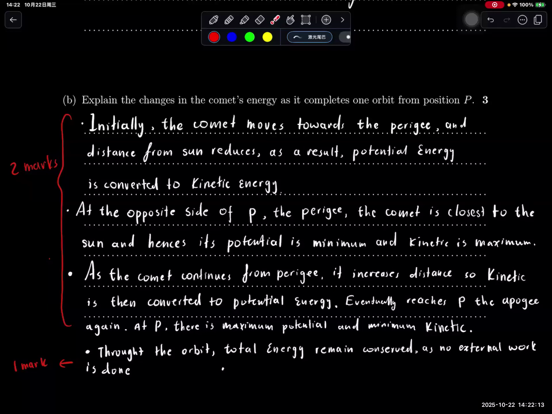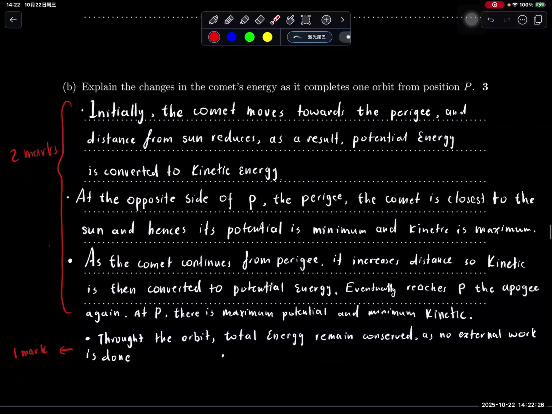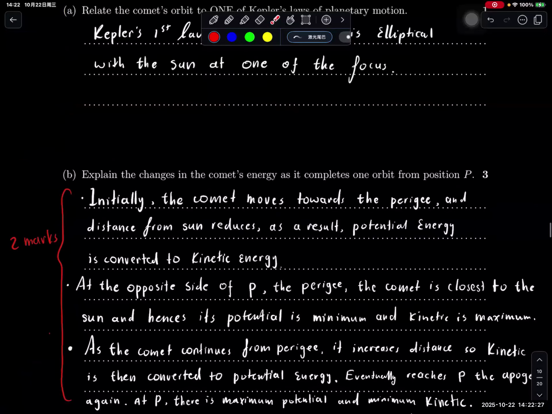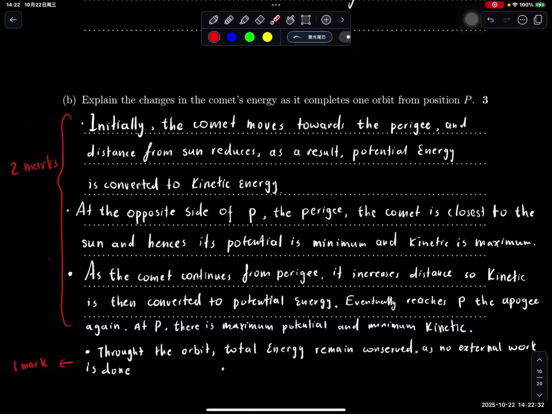At the opposite side of P, the perigee, the comet is, sorry, did I write perigee? That's the opposite side of P. This side, it's the perihelion. The comet is closest to the sun, hence potential energy is minimum, kinetic energy is maximum.